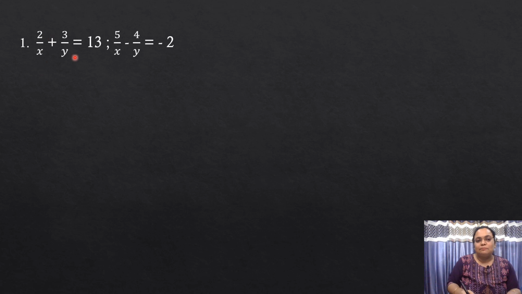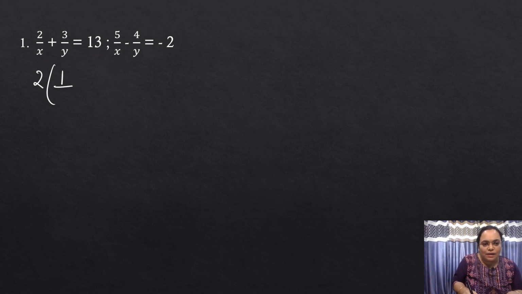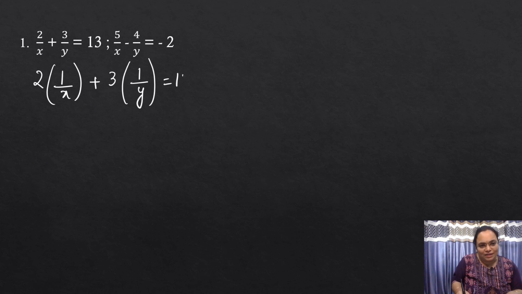2 by x plus 3 by y is equals to 13 and 5 by x minus 4 by y is equals to minus 2. This equation can be written as 2 of 1 by x plus 3 of 1 by y is equals to 13.